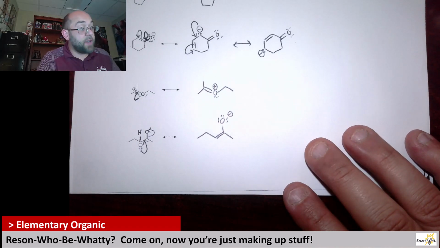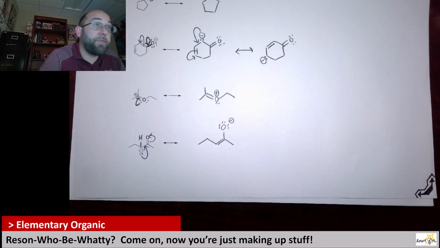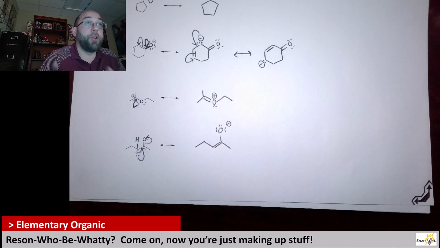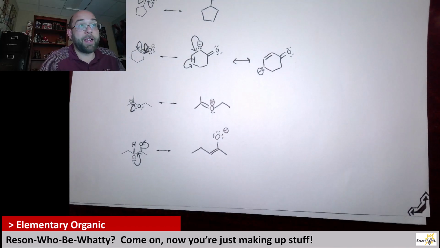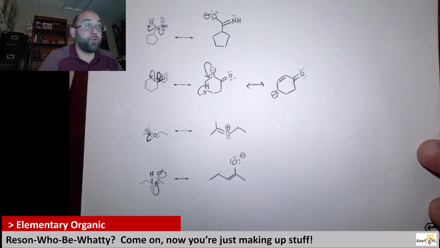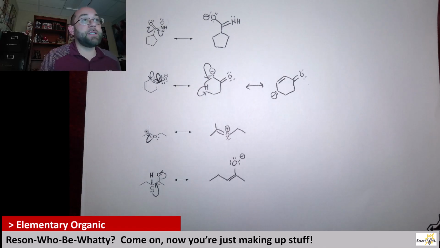Now, this is not exhaustive, but resonance is very important for you to get. In a few more chapters, I'm going to post another resonance practice because it's specific to aromatic compounds, but you really need to understand these resonance structures. And you want to do the smallest number of electron movements per resonance structure.